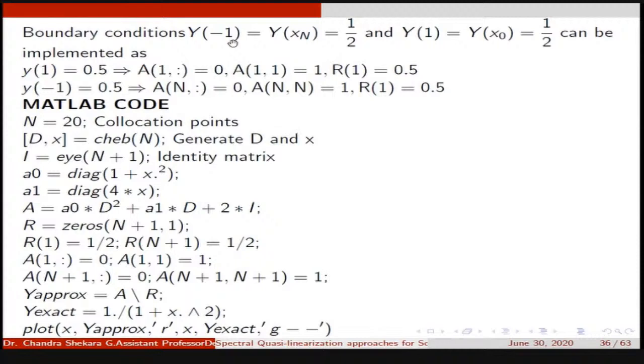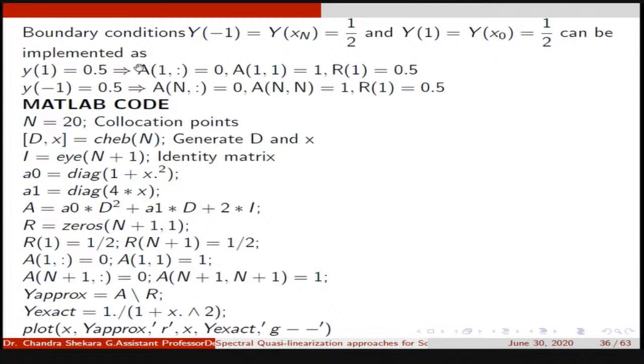How to implement these boundary conditions is very important, because we have mapped the interval -1 to 1 into 1 to -1. So 1 is x0 and -1 is xn. We are just inverting that interval, therefore the endpoints are switched.